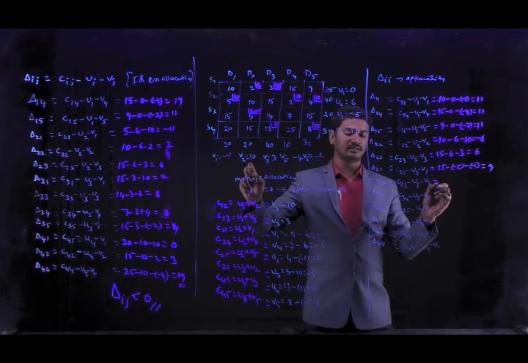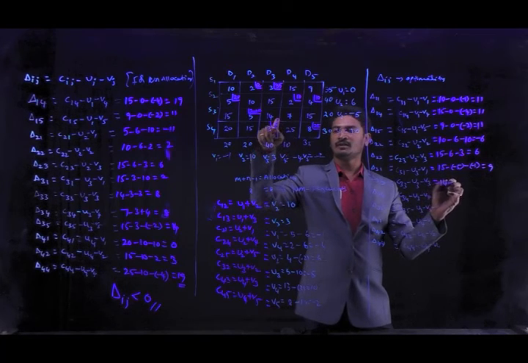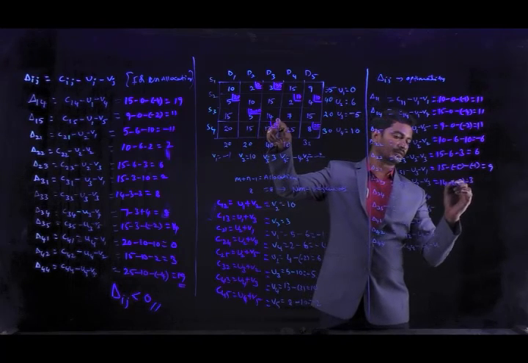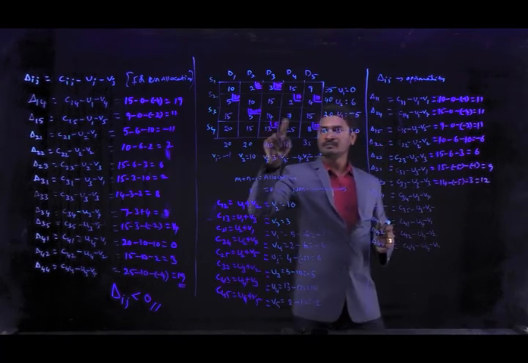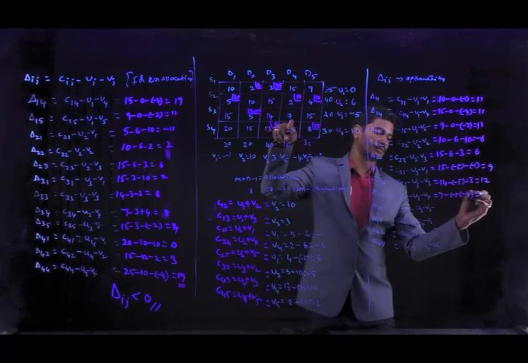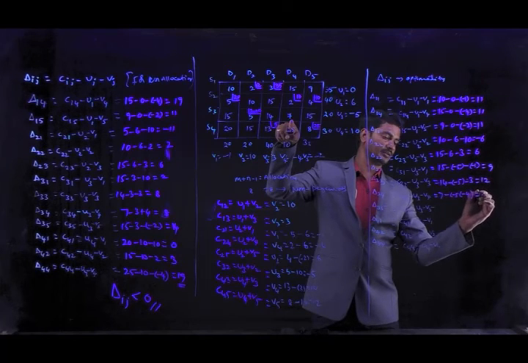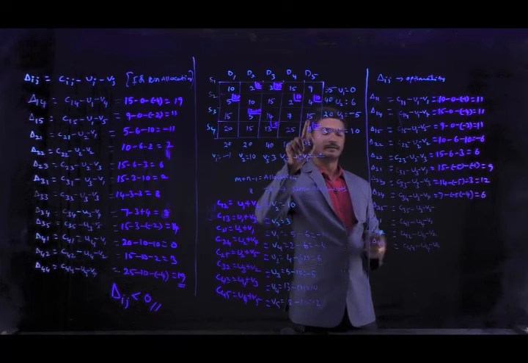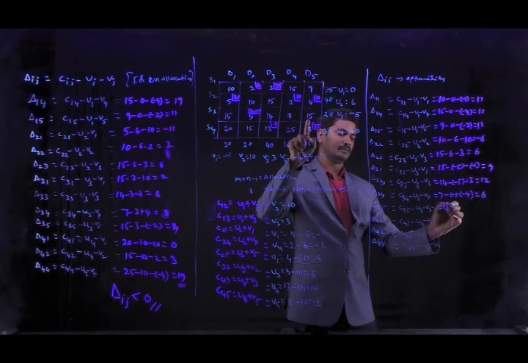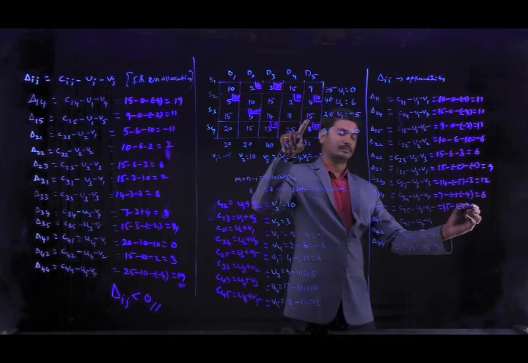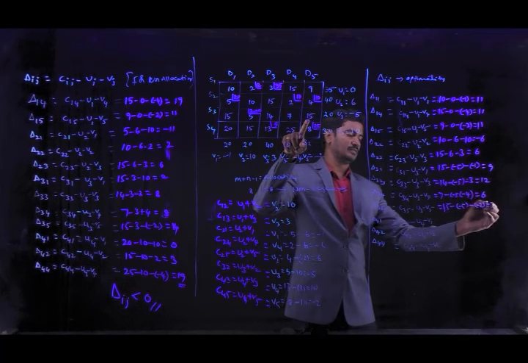Next C33: 14 minus 5 minus 3 is equal to 12. Next 7 minus half minus 5 minus 4 minus 1, it means 6 we get here. 15 minus 5 minus 2 is equal to 8.